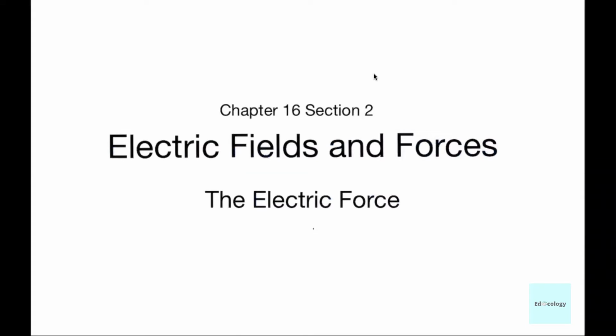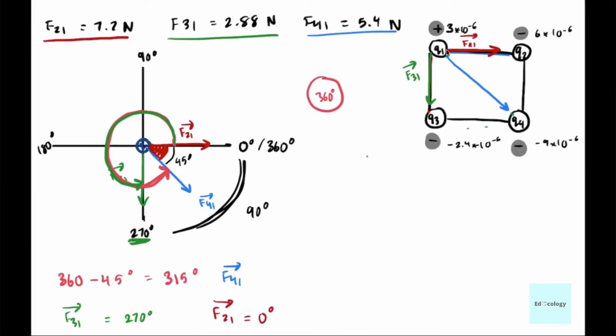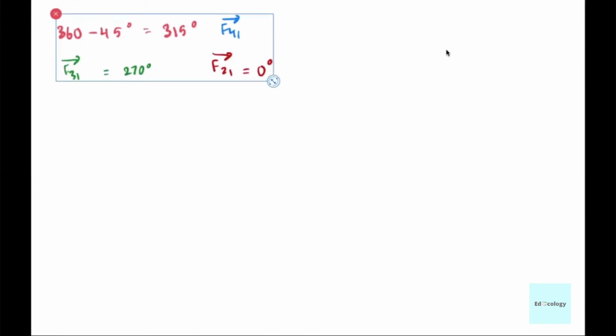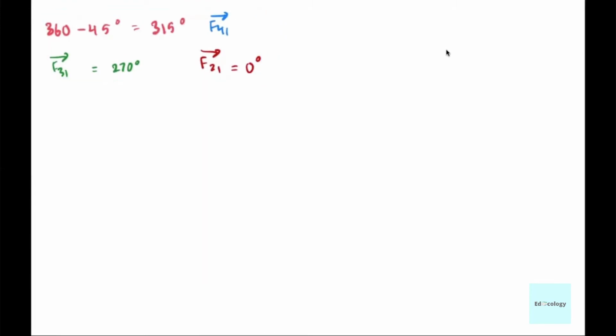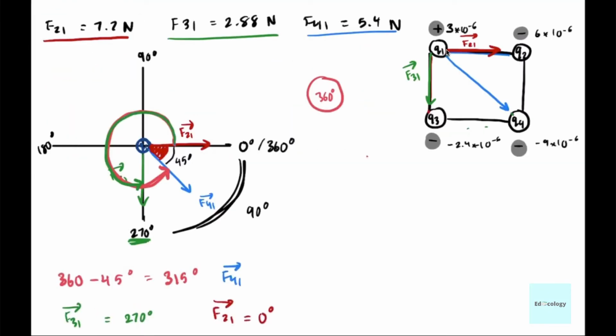Everyone, so today we're going to be continuing chapter 16, section 2, the electric force. Now we're going to use these degrees to find the x and y components of each force acting on Q1.